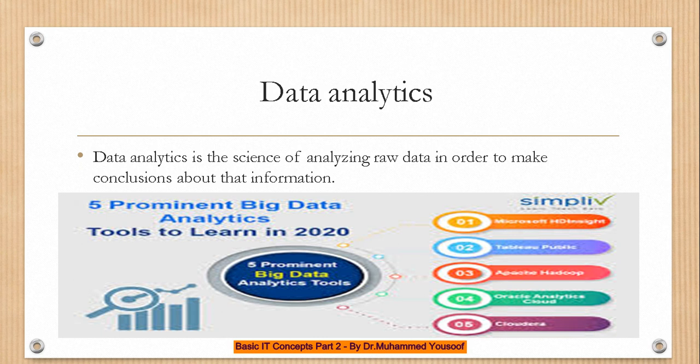So we have to get some clear pattern or the trend by analyzing the data. We are having raw data, we analyze the raw data to make conclusions about the information. So that's called data analytics. There are many tools available, like here you can see the different types of tools that are available for data analytics, which is given here.